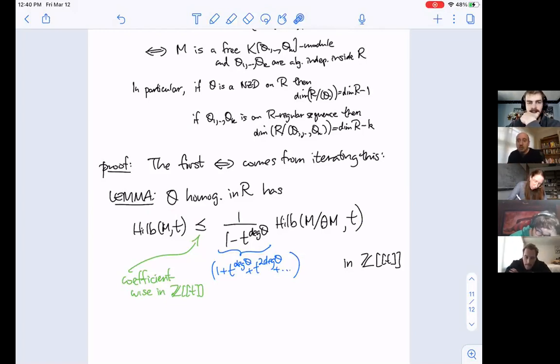That's a partial order on power series. If you define your less than or equal to that way, you realize it's transitive, it's anti-symmetric, so it's reasonable to call it less than or equal to, this coefficient-wise less than or equal to. Okay. And with equality, that coefficient-wise less than or equal to holds if and only if theta is a non-zero divisor.